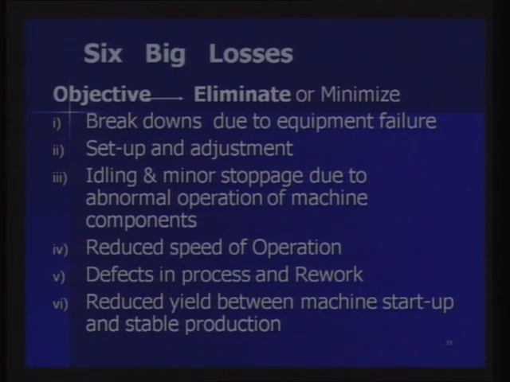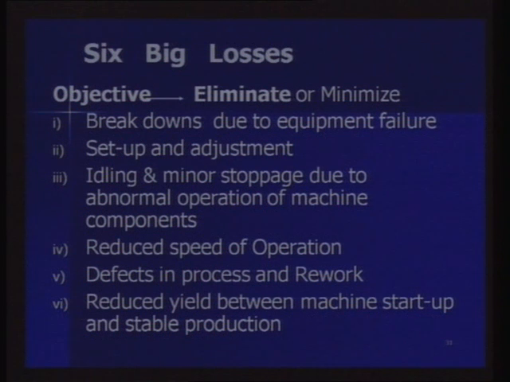If equipment has to be set up with a change of the object or a change of the design, then how can it be adjusted, and how can we minimize the setup and adjustment losses. Third is idling or minor stoppage due to abnormal operation of the machine components. Fourth is the reduced speed of operation.